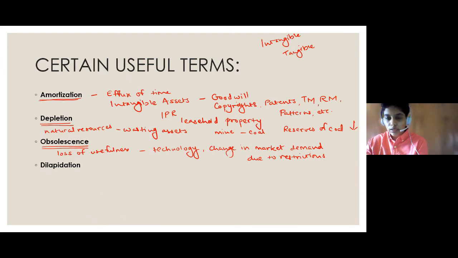Along with that, there is the reason of restrictions. So if there are any restrictions that are applied to a particular product or a service, primarily the restrictions can be legal restrictions.